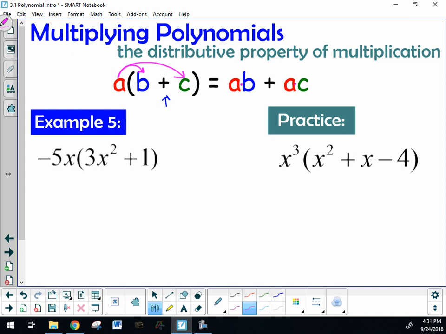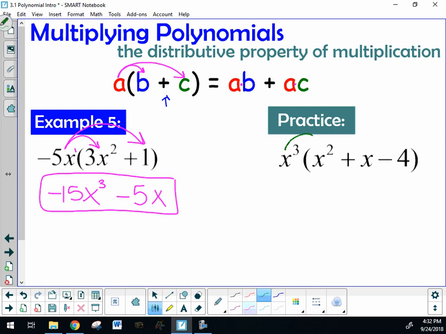In this first example, if we multiply negative 5x by the polynomial 3x plus 1, that negative 5x multiplies here. That gives me negative 15x to the third power, since an x times an x squared is x to the third. And then we multiply by 1. So this would be our result.